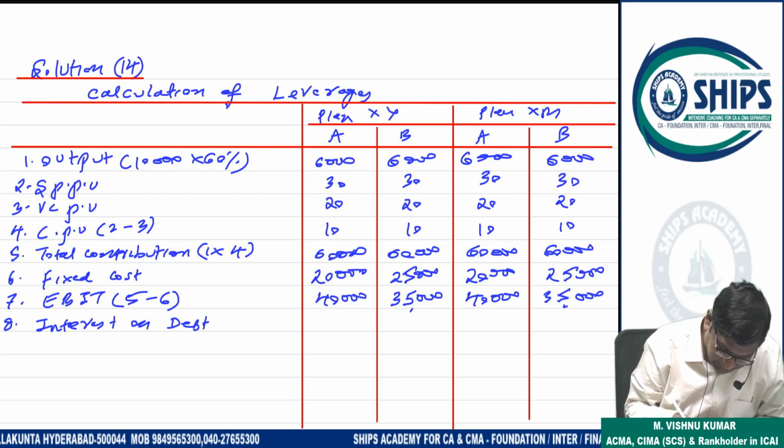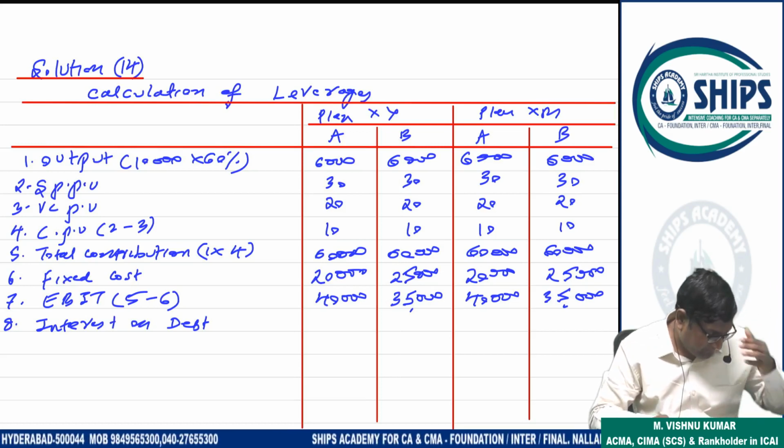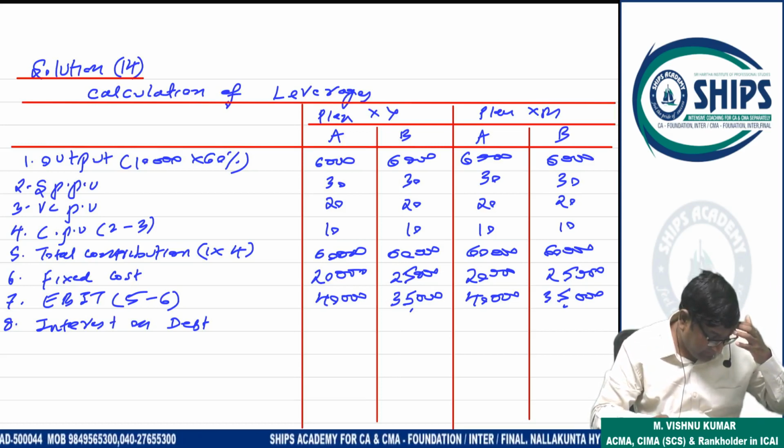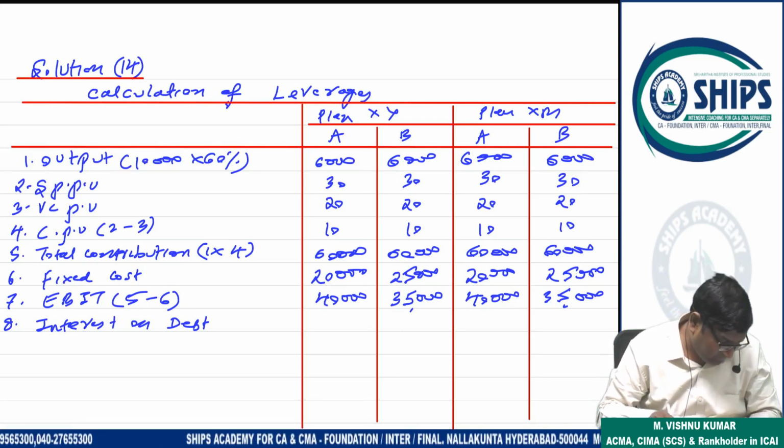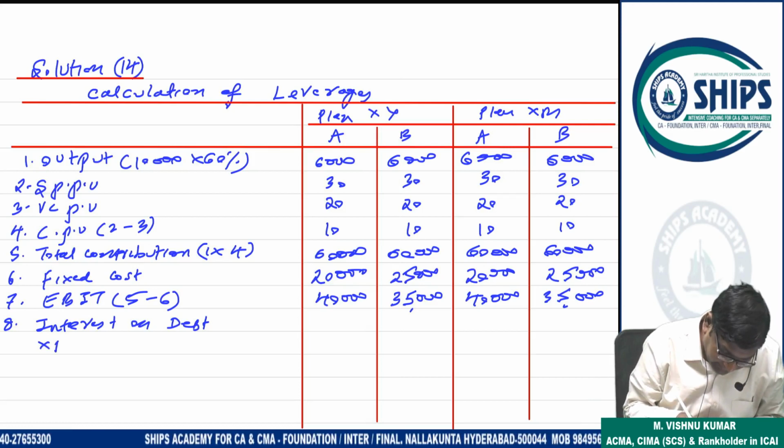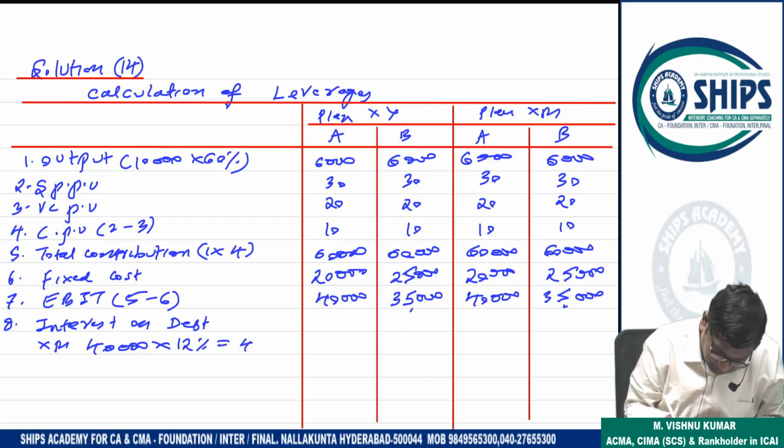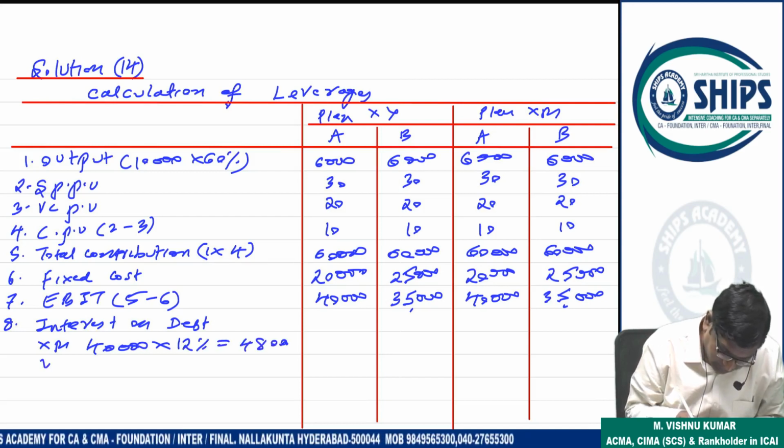Interest on debt. Okay, financial plan XY: 12% debenture 40,000. Financial plan XM: 10,000 debenture 12%. So XY: 40,000 into 12%, 4,800.